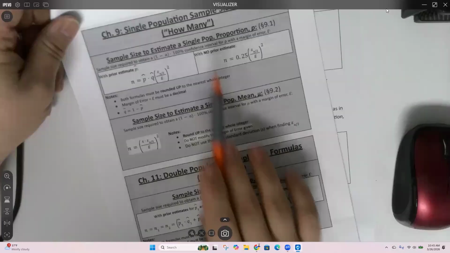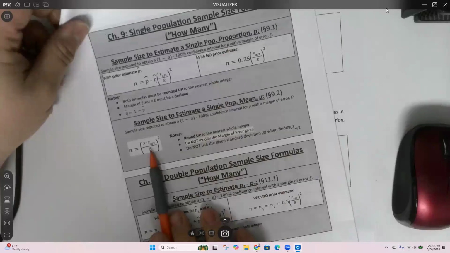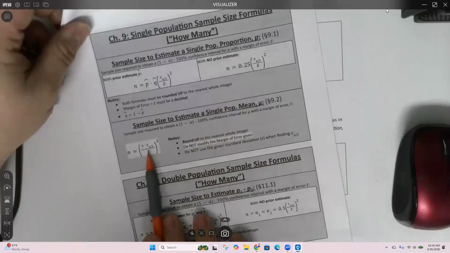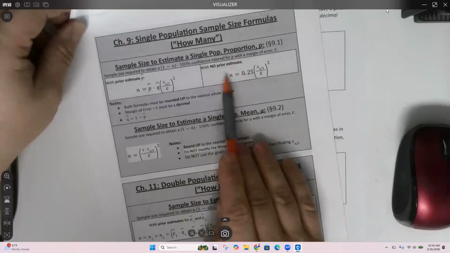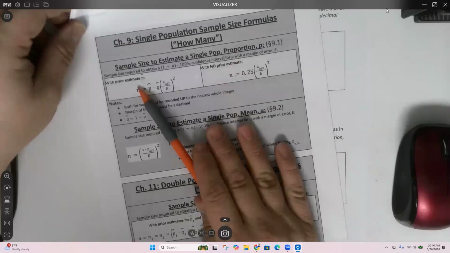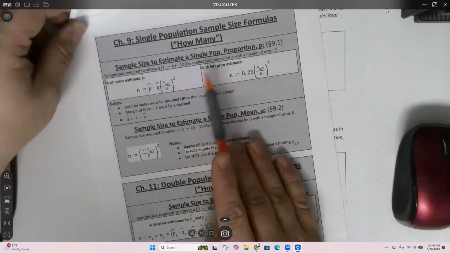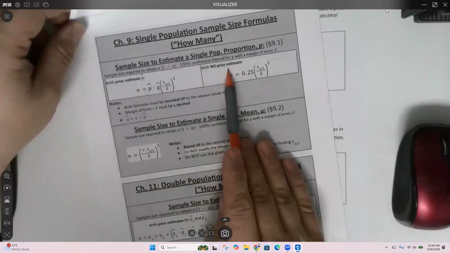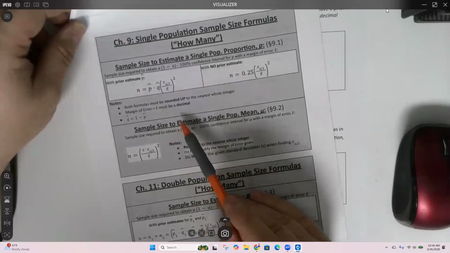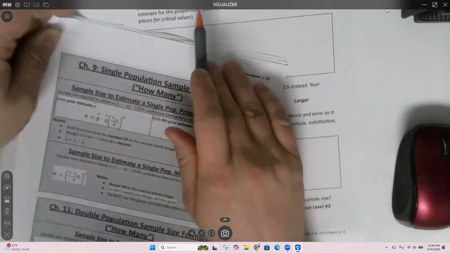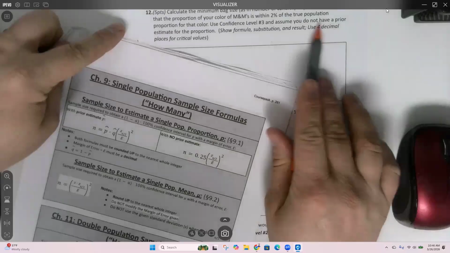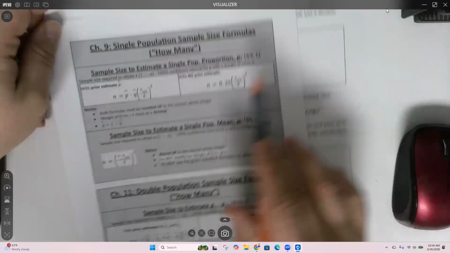This is for proportion. There's also a formula down here for means. We're going to use the proportions, and there's two of them. One is if I have a prior estimate, and one is if I don't. We're going to use both in a second, but we're going to start with assuming I do not have a prior estimate. So I want to use this one here.